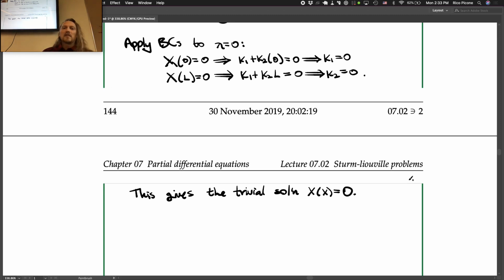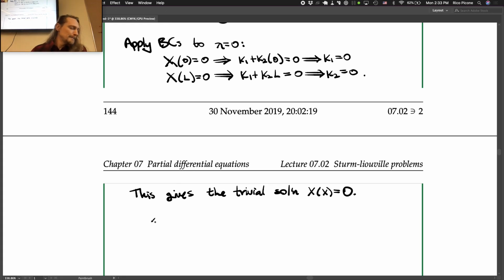Which is just not helpful, right? It only solves the boundary conditions when the solution is just a flat line at 0. So there are no non-trivial solutions when lambda is 0.